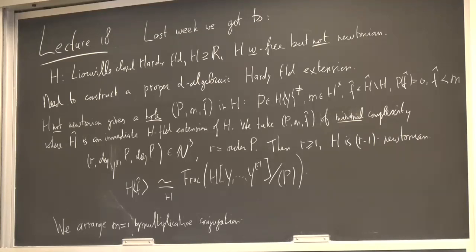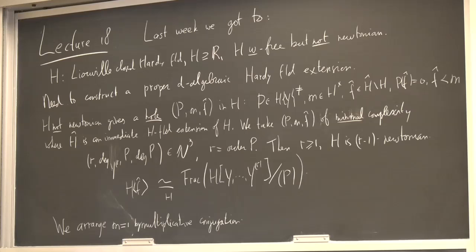And now we can always take such a hole of minimal complexity, we call it a minimal hole, which means that if you take the order r of P, and then the second number is the degree of P in the last variable, y_r, the highest order variable that occurs in it, and then the degree of P, that should be minimal in the lexicographic ordering on N^3.